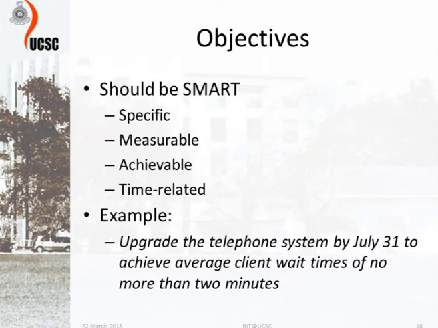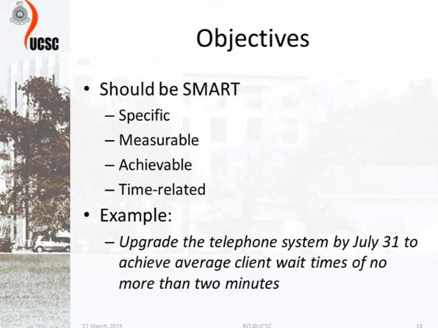So, in order to do that you need to clearly define. For example, what I have used here is to upgrade the telephone system by July 31st. That means the time bound is July 31st, and the task is upgrading the solution. Upgrading can be any type of improvement, but then you should be able to measure it.